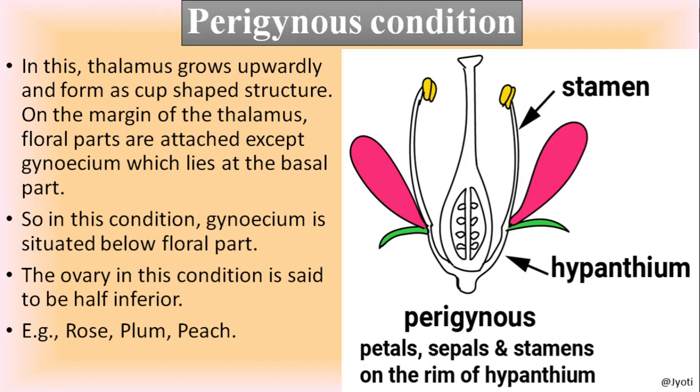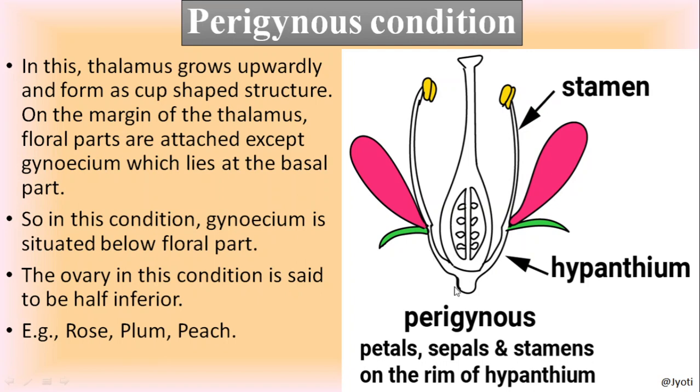Then the floral leaves like the corolla, calyx and the stamens are developed. So here this cup-shaped structure is called hypanthodium. Generally it is seen in the case of hypanthodium inflorescence.